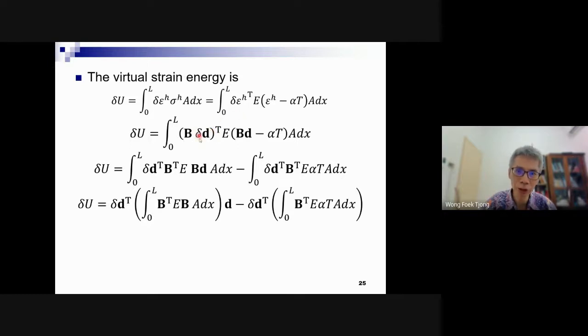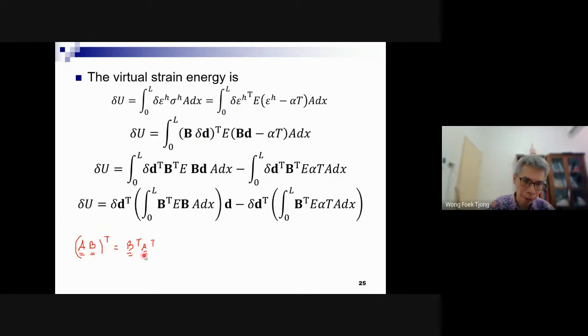So I use transpose here because delta epsilon transpose remains the same. What is delta epsilon h? It is (B delta D) transpose. This is E, a scalar. What is epsilon h? This is BD minus alpha T. Then we can write this as delta D transpose, because if we have two matrices A and B and we transpose the product, the result is B transpose, A transpose, in reverse order.